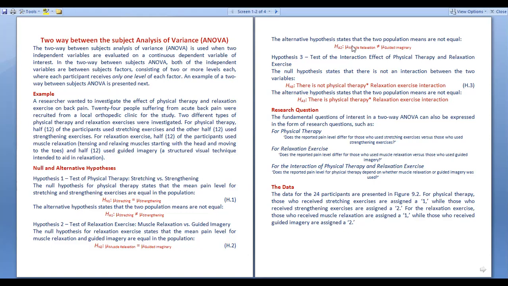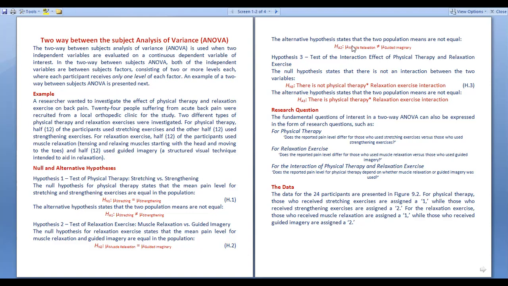For physical therapy, half, that is 12, of the participants used stretching exercises, and the remaining 12 used strengthening exercises. For relaxation exercises, 12 of the participants used muscle relaxation, that is tensing and relaxing muscles, starting with the head and moving to the toes, and the other 12 used guided imagery, a structured visual technique intended to aid in relaxation.